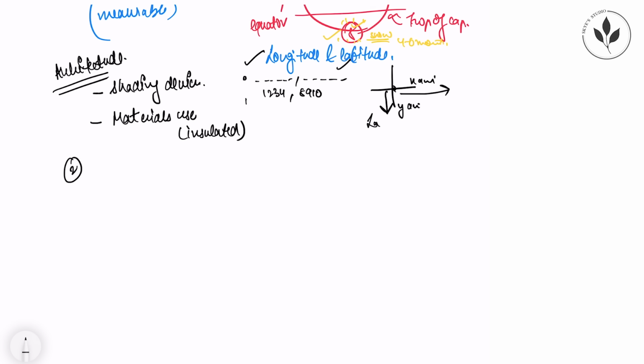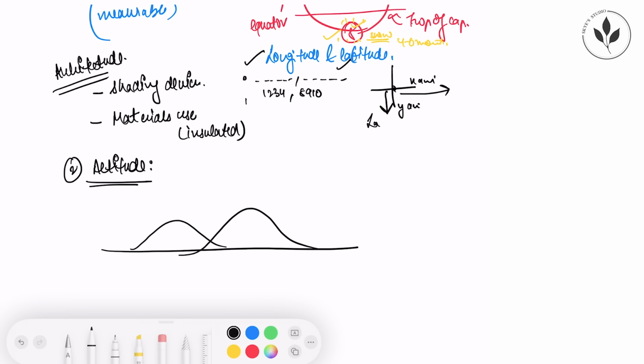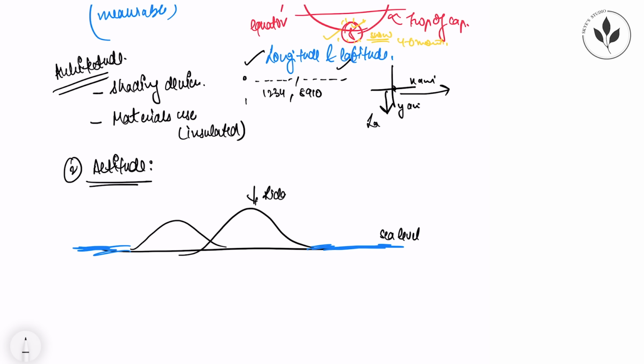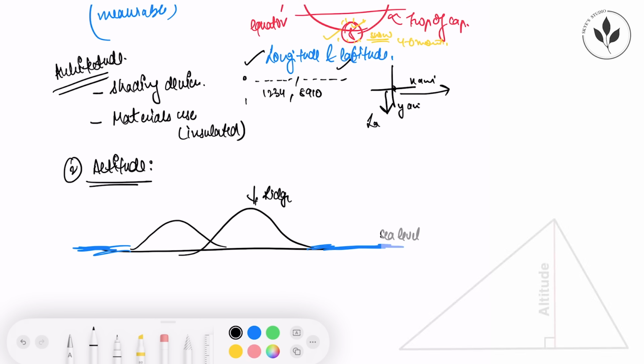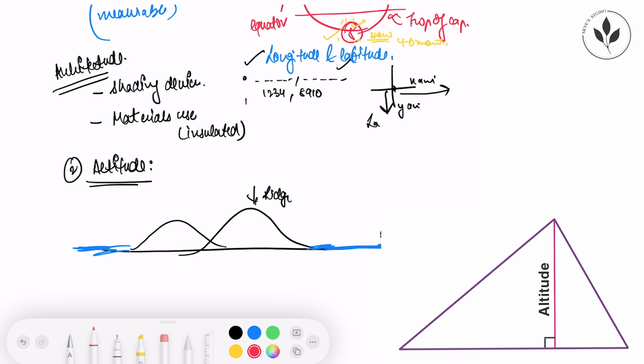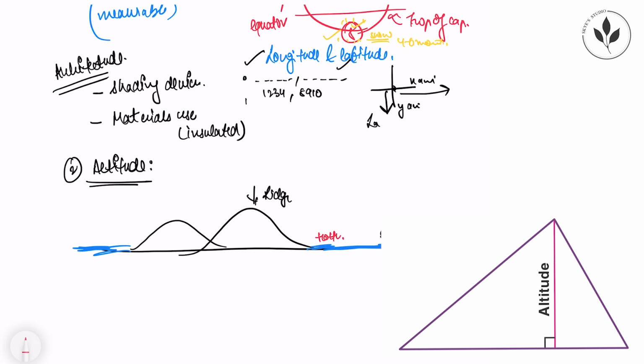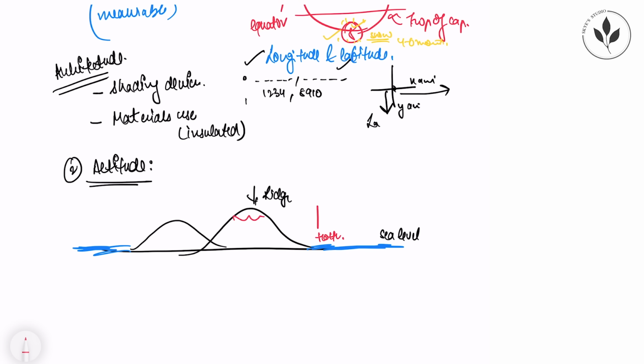Now the next climatic factor is altitude. What is altitude? Altitude is basically the height from the sea level. The upper portion is called the ridge. We know that the plains usually have a hotter climate, and as we go up to the hills, the temperature is colder.